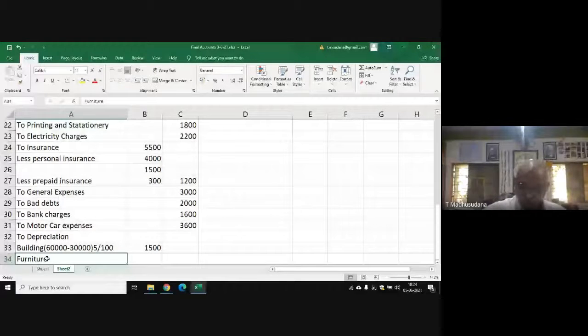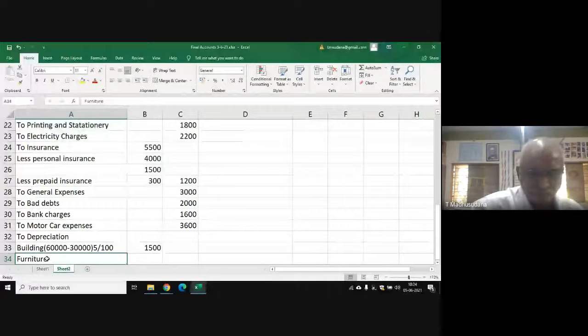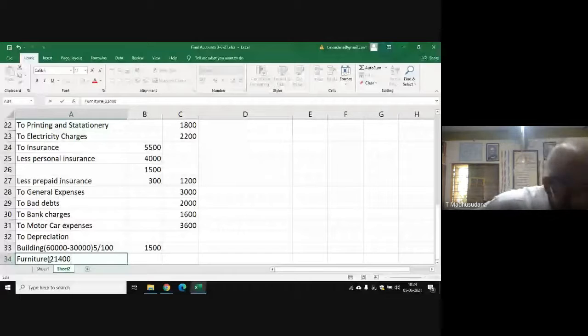The furniture and fixtures value is 21,400. From 21,400, one furniture item costing 1,400 has been sold.